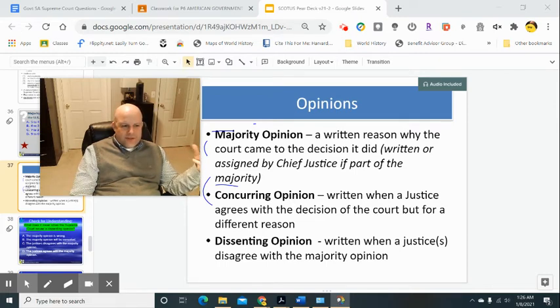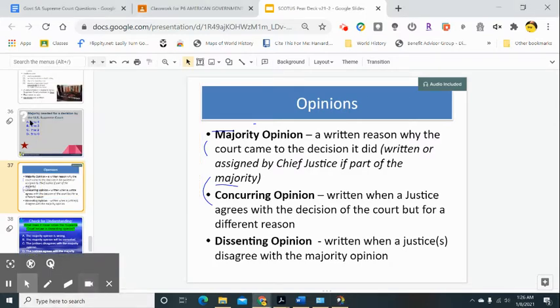So the majority opinion of the current court sometimes establishes new precedents for future court decisions. When opinions are issued, they often become precedent for future decisions. Now the court can choose to change precedent, but precedent is what the rulings are based on.